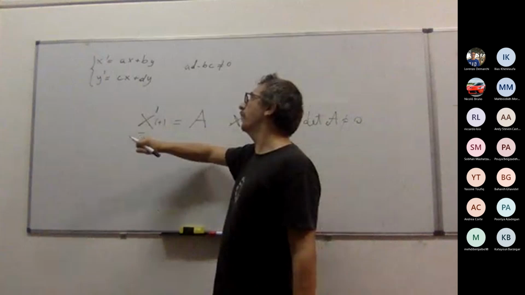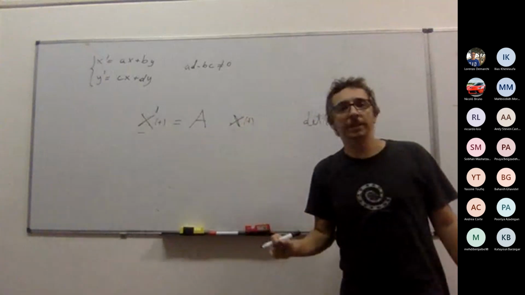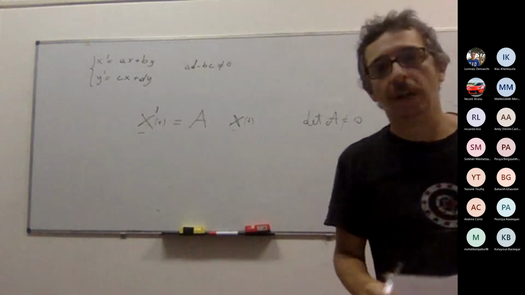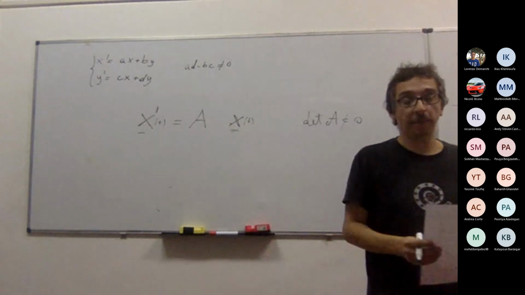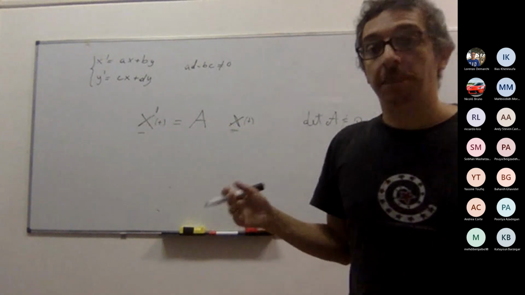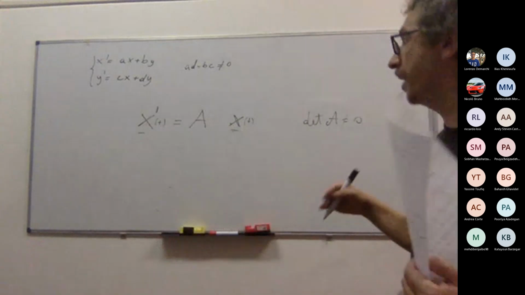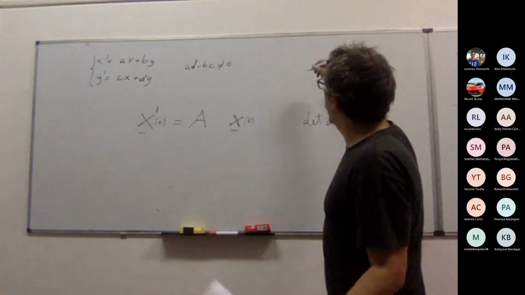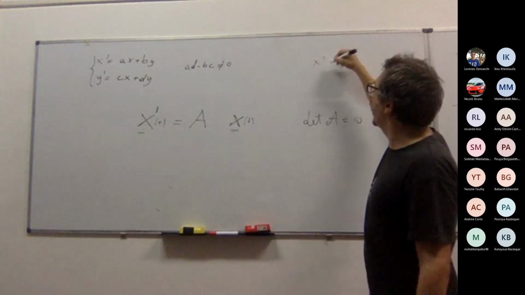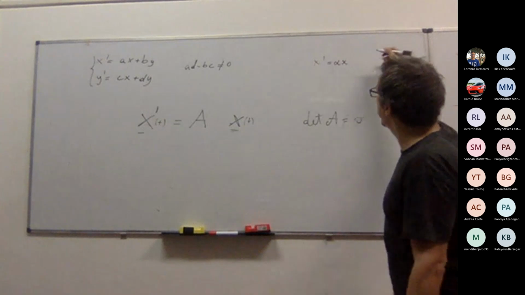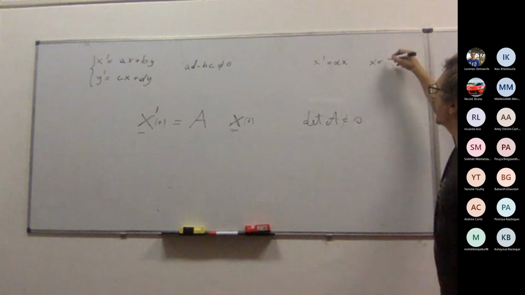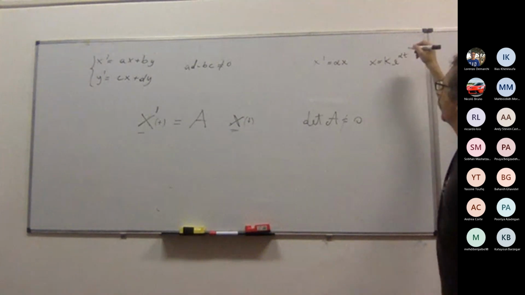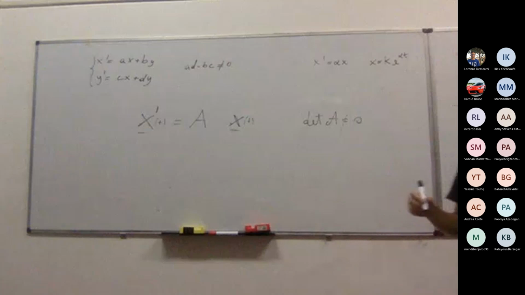Now, what we want to do is to find some solutions of this equation written in this matrix form. And more or less, I can be guided by the fact that, remember, the solution of x prime equal to alpha x is something that goes like x equal to some constant kappa times the exponential of alpha t.